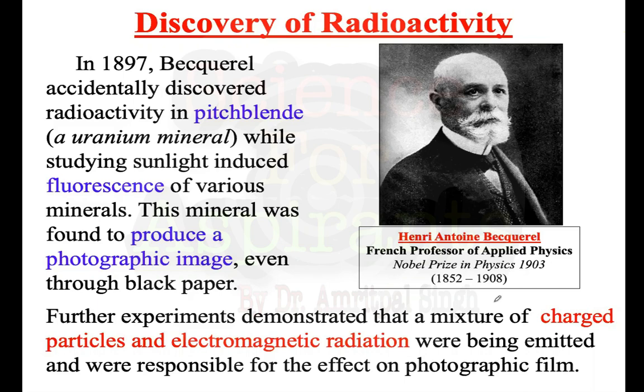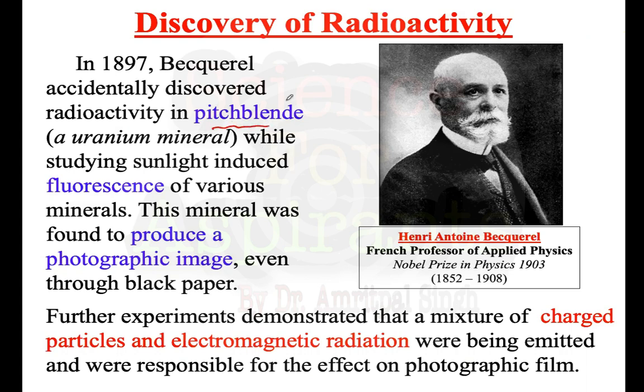Then Becquerel decided to investigate whether there was a connection between these X-rays and some naturally occurring photophosphorescence. He inherited from his father a supply of uranium salt, known as pitchblende.